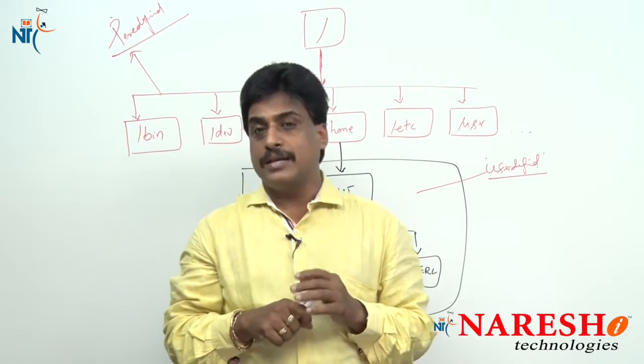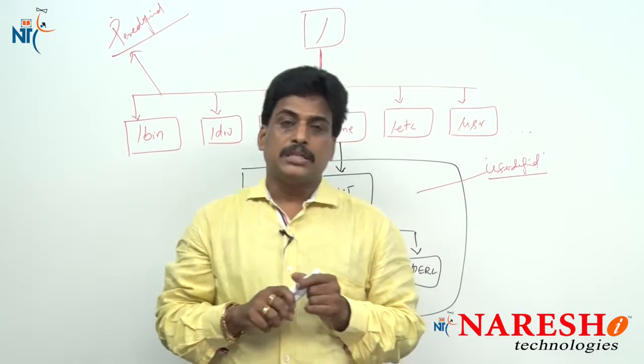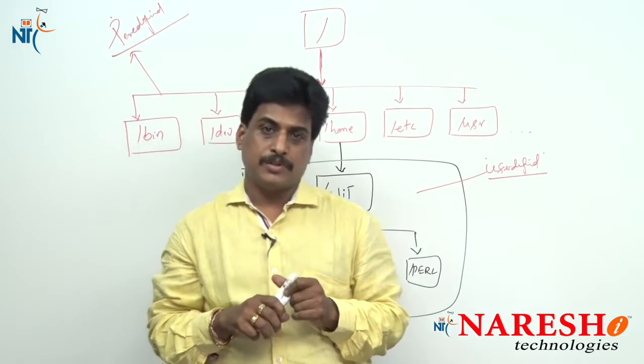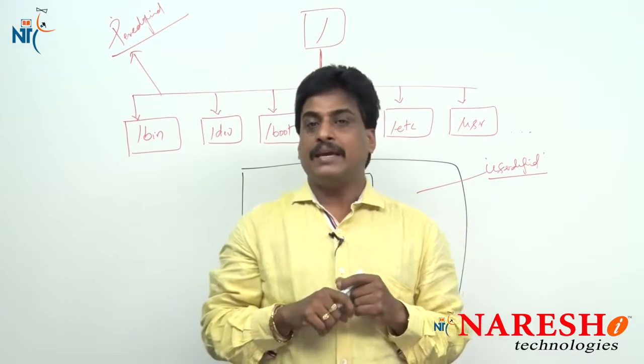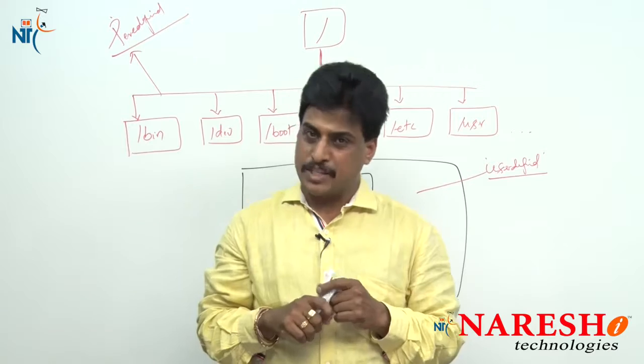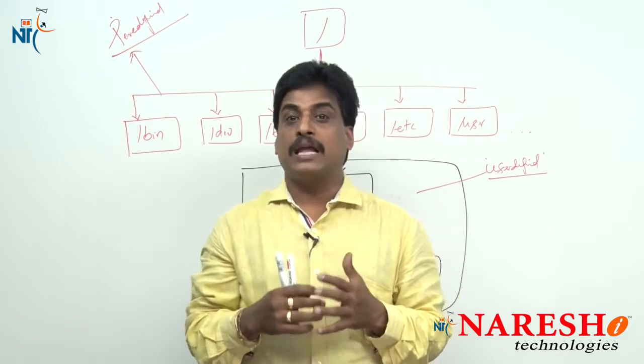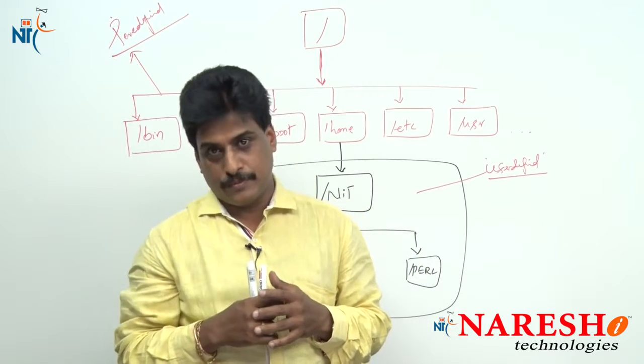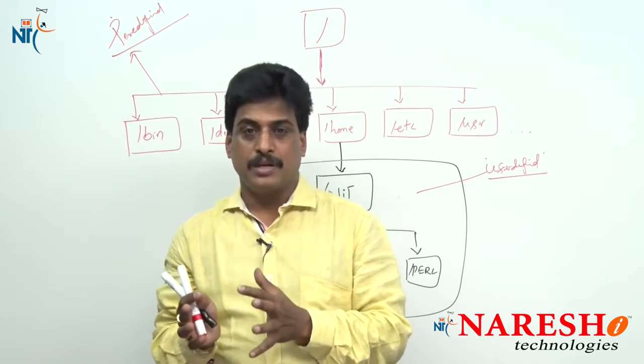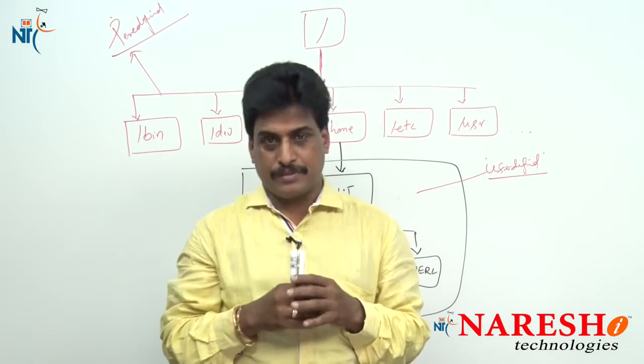Second one is Sun Solaris, a very popular flavor. Third one is Sun Microsystems. Fourth one is IBM AIX. Fifth one is HP. And sixth one is Linux. Linux is also one of the flavors of UNIX. Linux is graphical user interface. UNIX is command user interface.